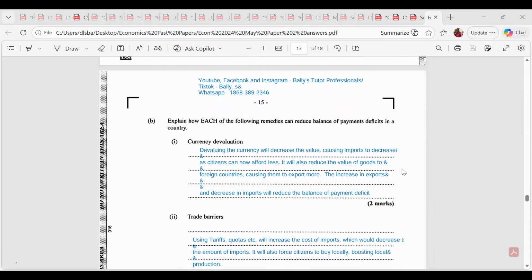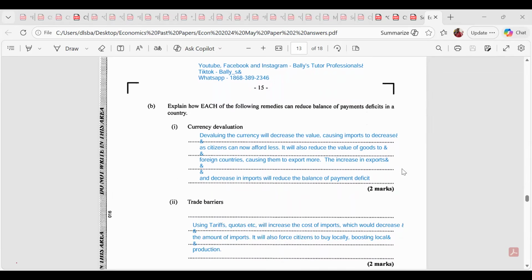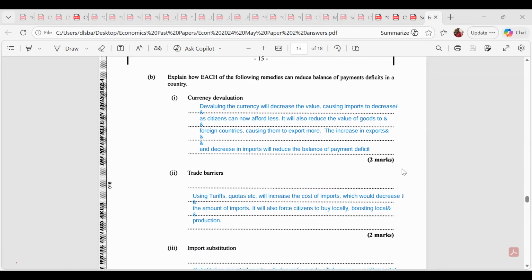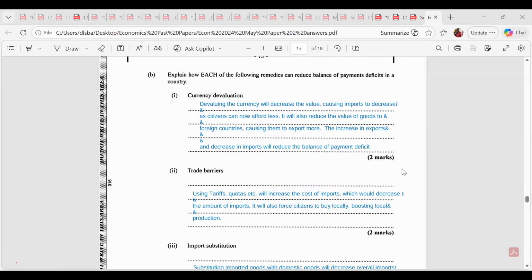We could use tariffs and quotas to help reduce the amount of imports by either increasing the cost of imports or reducing the amount that is allowed to be imported. So that would reduce our imports. And now people will be forced to buy locally once the item exists locally, which will help benefit the economy.